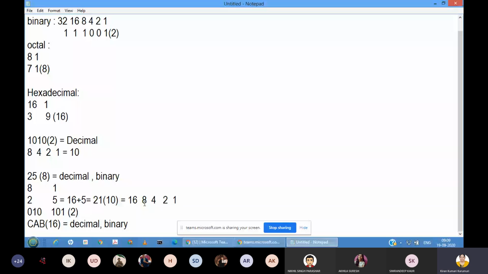See, now 1's place, 2's place, 4's place, 8's place, 16's place is needed for 21. Got it? So if you take 1 in 16's place, then 4's place also 1, then 1. 0. Then 1. आ गया 16 plus 4 plus 1, 21 आ गया.